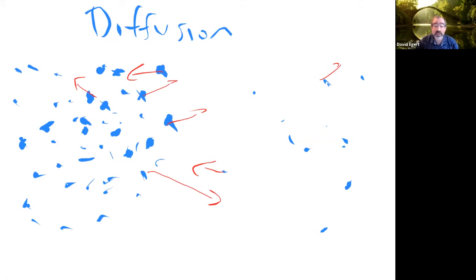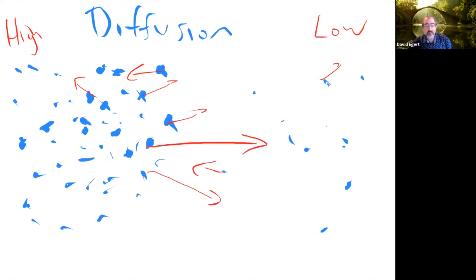And now imagine you are trying to go towards this area where it's higher. Remember, this is the high concentration area. This is the low concentration area. If you're moving towards the low concentration area, you're going to be able to go a lot farther before you run into something and change direction.